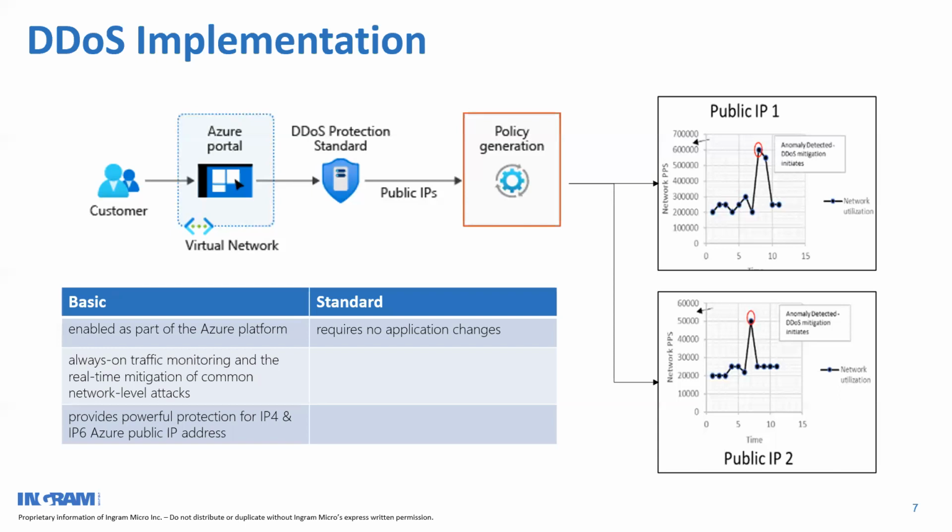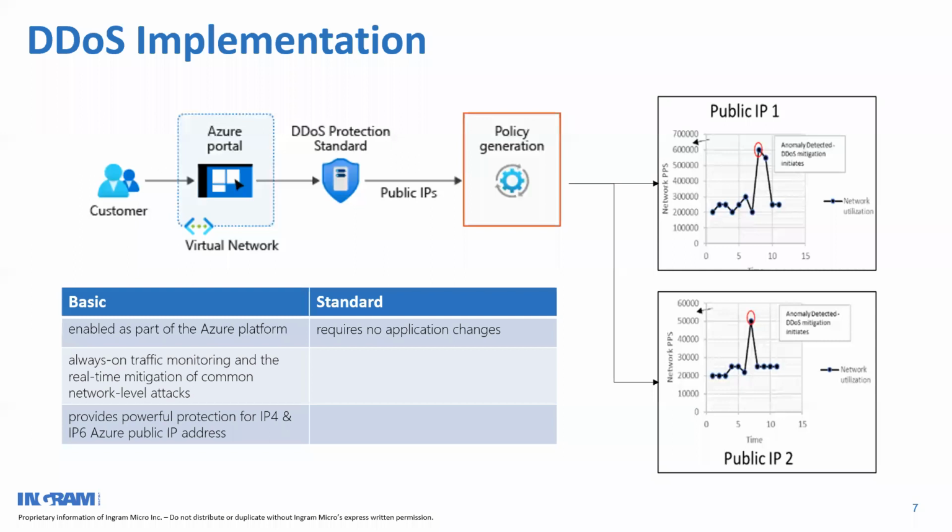Now, this is where the standard plan of DDoS comes into place. This is again a service that works on these IPs, so there's no application change that you have to do. It is basically monitoring the traffic coming in and going out on the public IP.